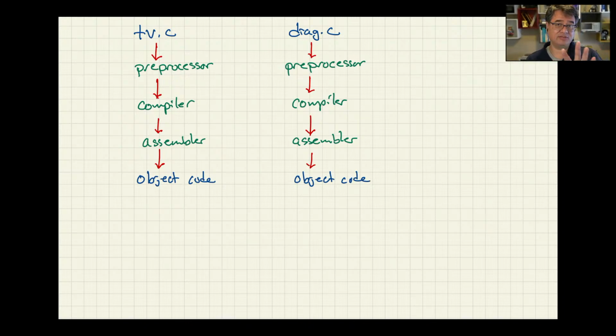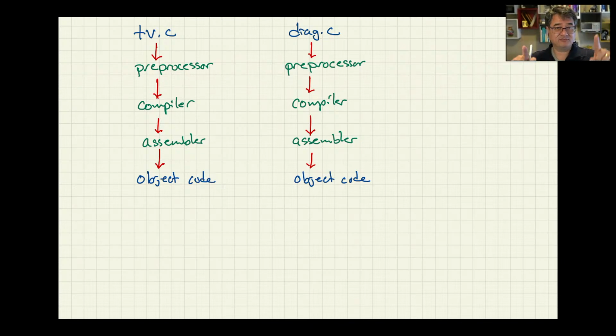So the important thing about this diagram is that those two files are being compiled independently of each other, and the compiler has no knowledge of the other one. So while it's compiling tv.c, it doesn't know anything about diag.c. And while it's compiling diag.c, it doesn't know anything about tv.c. So it doesn't make any correlation between those files.